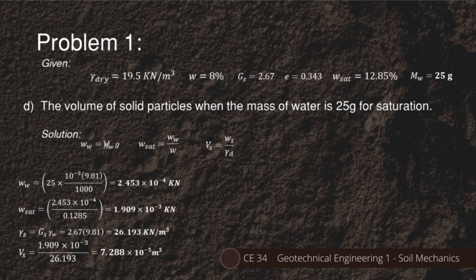We will substitute the saturated moisture content over the dry unit weight. And this will be equal to 1.909 times 10 to the power of negative 3 over 26.193 equals 7.288 times 10 to the power of negative 5 cubic meters. So that is the answers for the problem number 1.